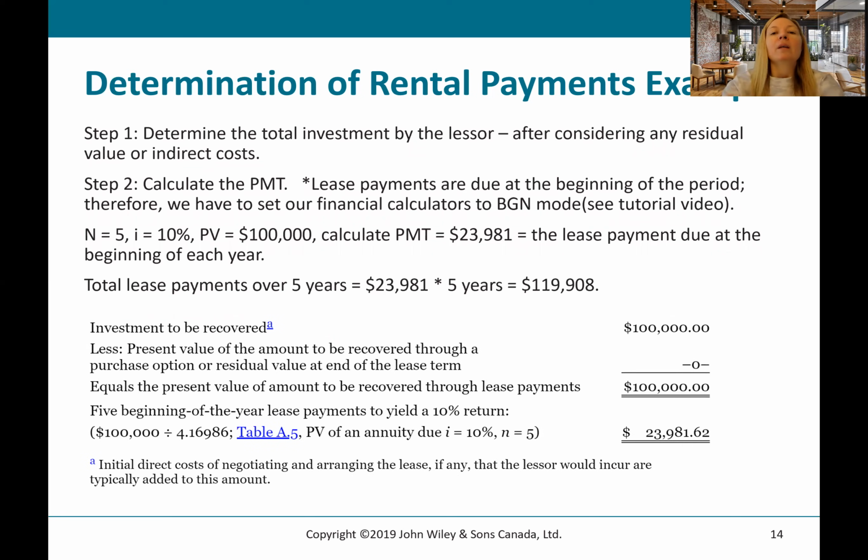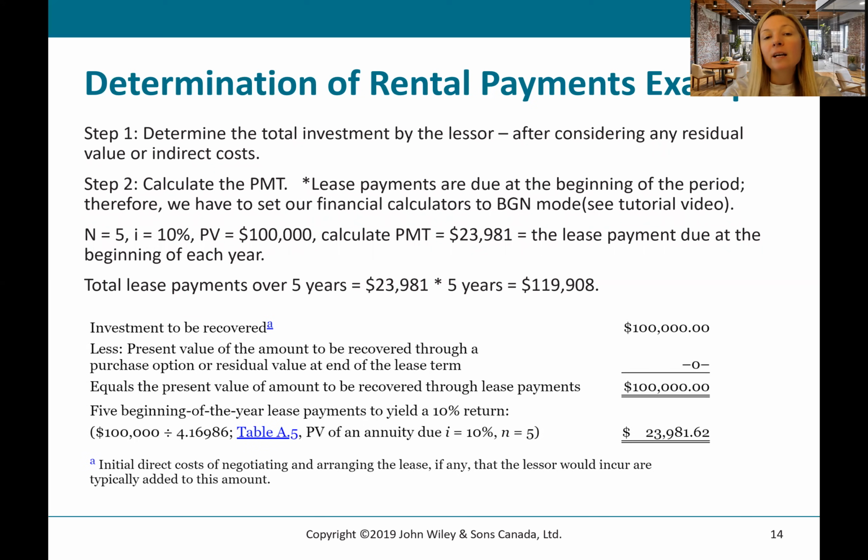So let's look at how we would answer that question that we were just given. Step one is we want to determine the total investment by the lessor after considering any residual value or indirect costs. In this case, we're just told it's 100,000. Step two is calculate the payment.